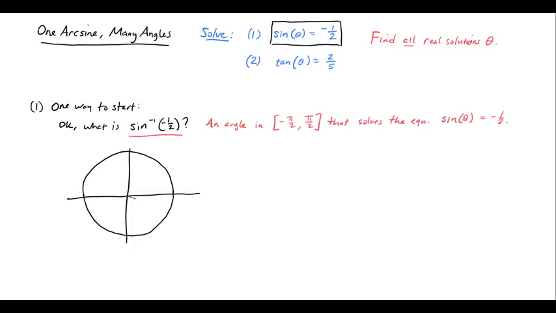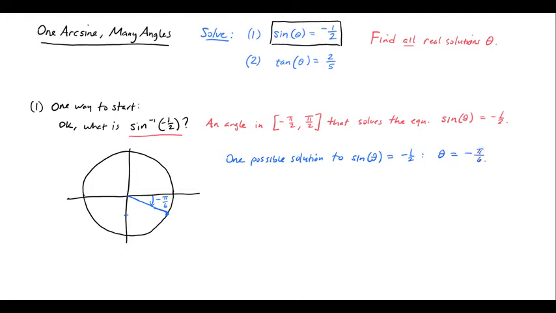So that's going to be this angle here. It should be at y equals -1/2 there. So this angle would be -pi/6. So that would be one possible solution to this equation. So one possible solution to sine of theta equals -1/2 would be theta equals -pi/6.